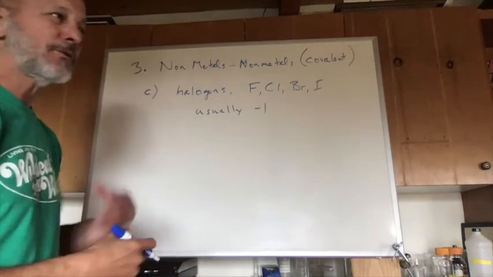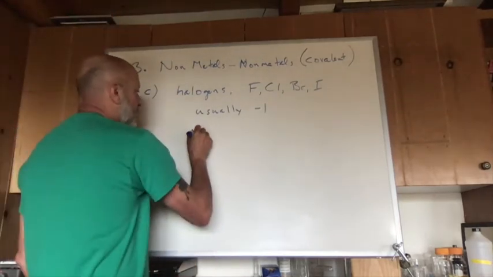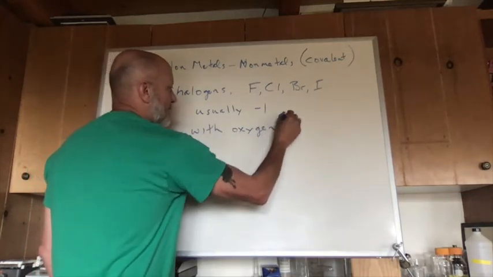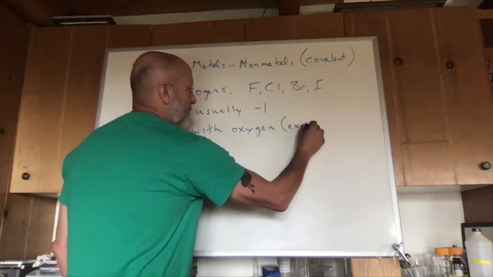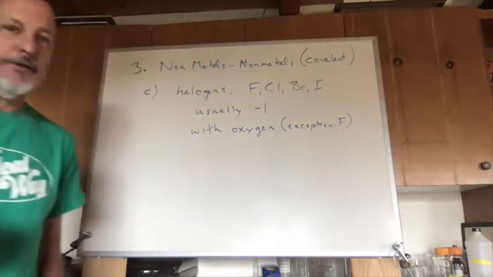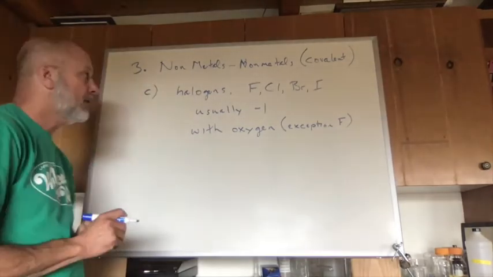They usually tend to add 1 electron. However, with oxygen, the exception is fluorine, because fluorine's always -1 when it's bonded to anything other than itself.